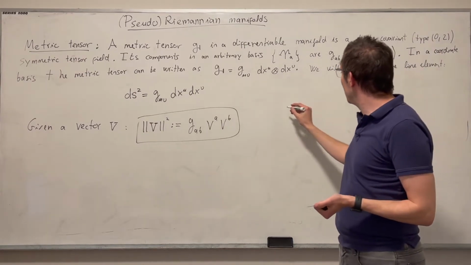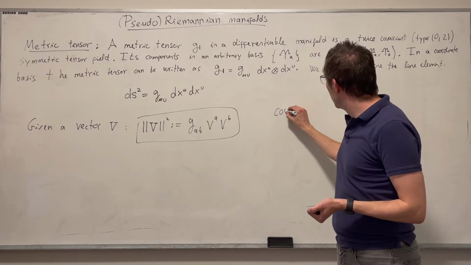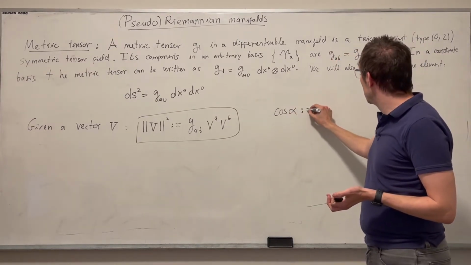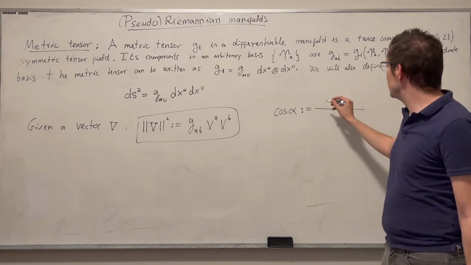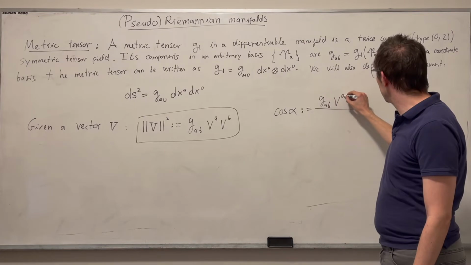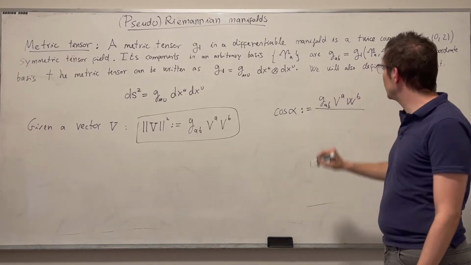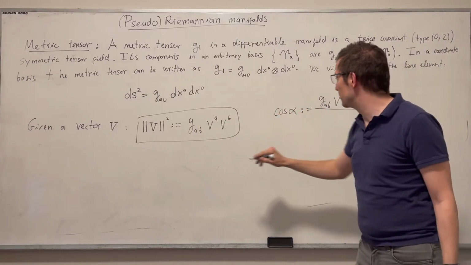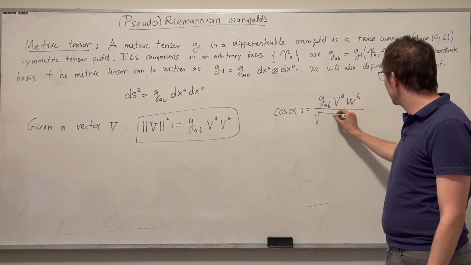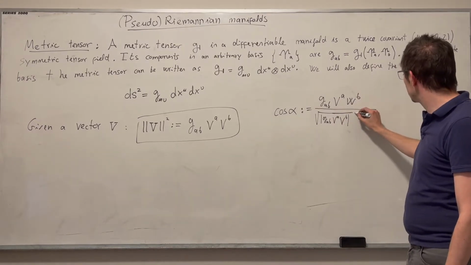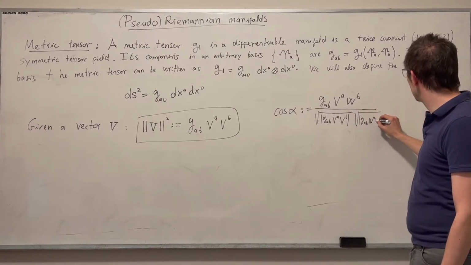For example, I define the cosine of the angle between two vectors v and w. By definition, this is going to be the ratio between g_ab, the action of the metric tensor on the two vectors, divided by the square root of this thing for each of the two vectors. Let me write it like that: the absolute value of g_ab v^a w^b, over the square root of the absolute value of g_ab v^a v^b, times the square root of the absolute value of g_ab w^a w^b.